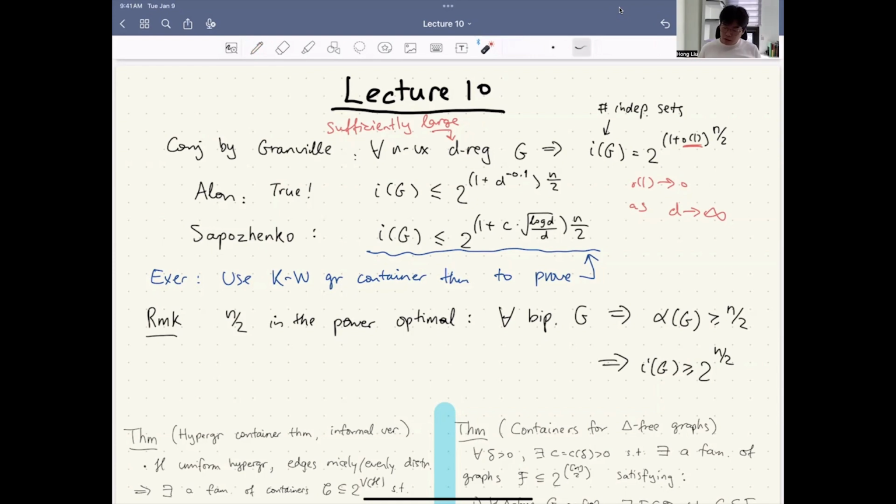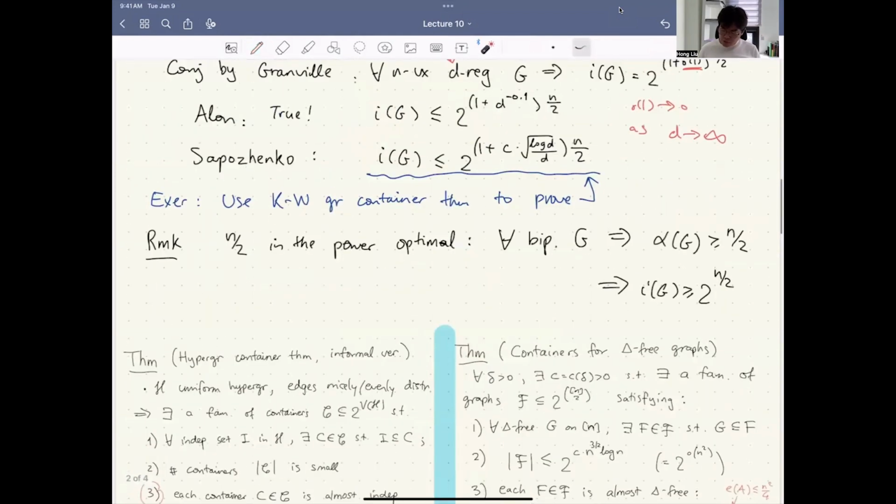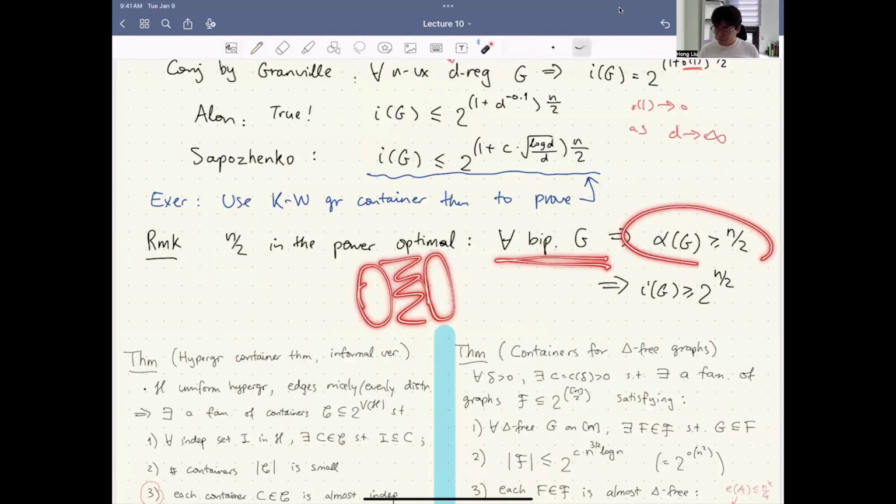So here we count all the independent sets. Similarly, if you look at bipartite graphs, let's say complete bipartite graphs, how many independent sets are there? You can take all subsets of one side, 2 to the n over 2, but most of these are not maximal independent sets under set inclusion.